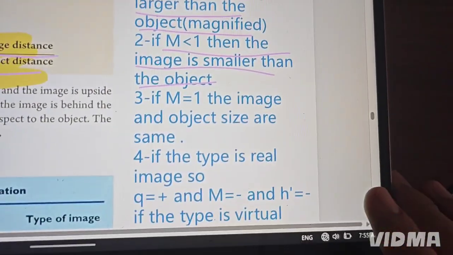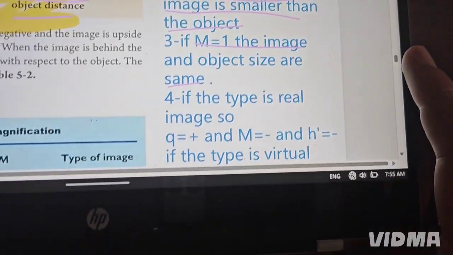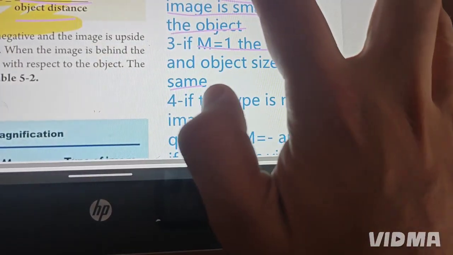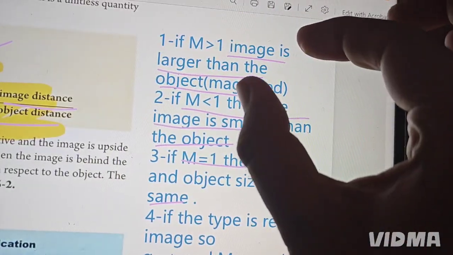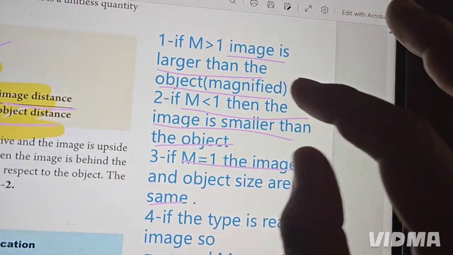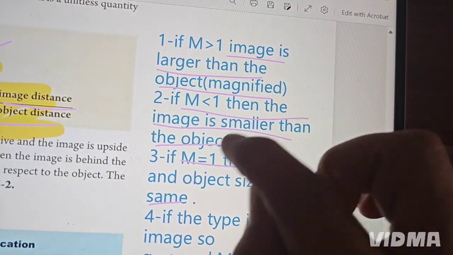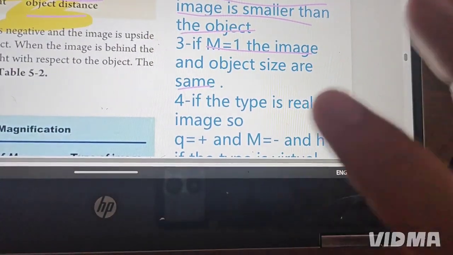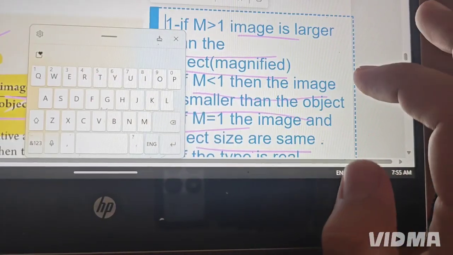But if the magnification is equal to 1, it means the object and image are the same size.